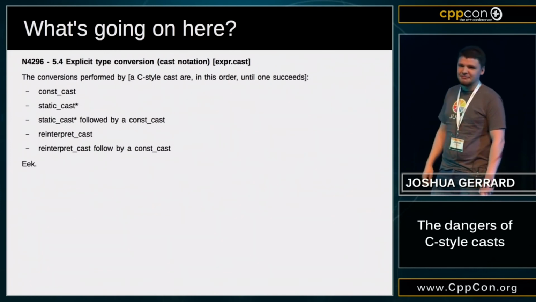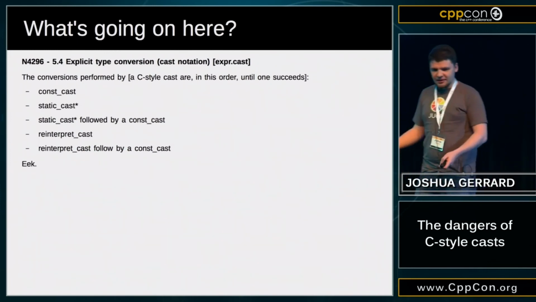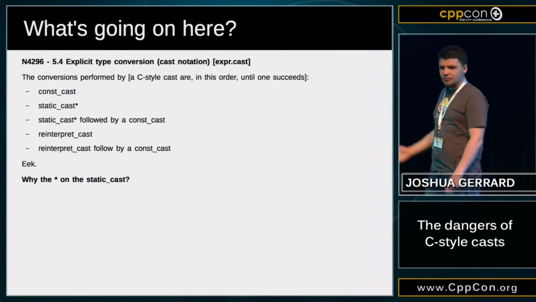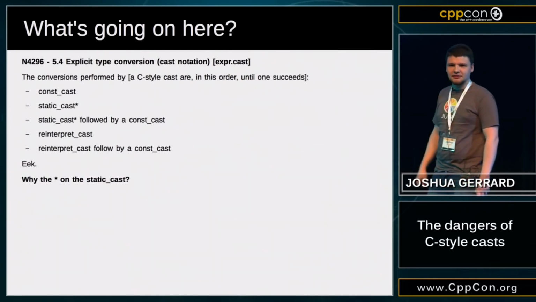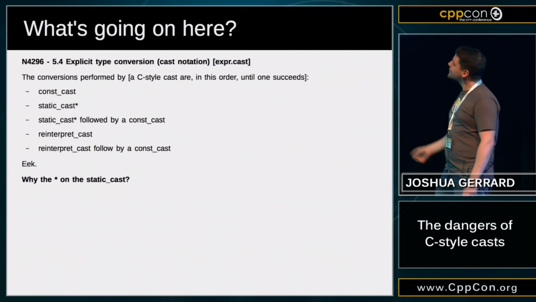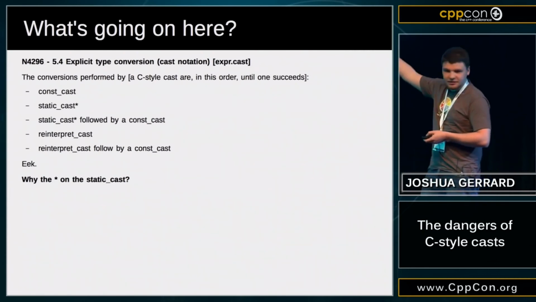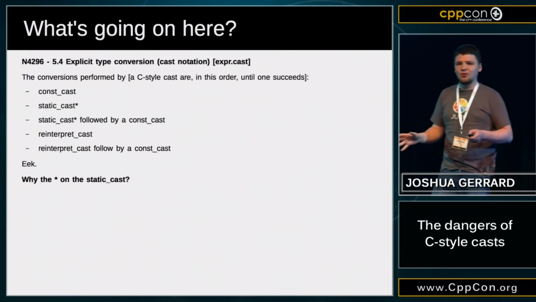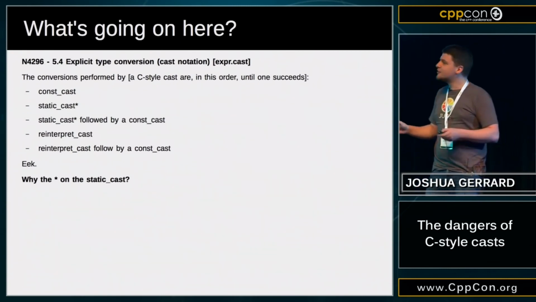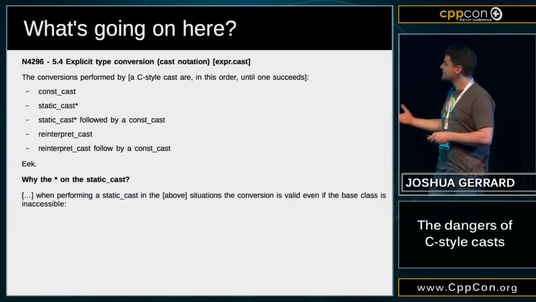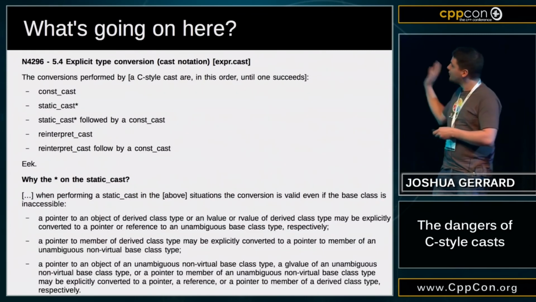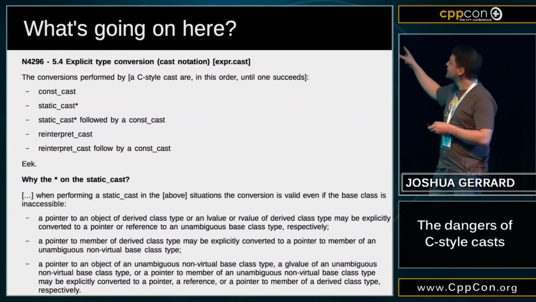Yeah. So now I'll explain what's going on about asterisks. Well, when you're doing a C-style cast, when it hits the static cast parts, it can do a little more than a static cast. It can do this. And now I'm not going to explain all of that. You can take it as your own reading. It's in the standard.